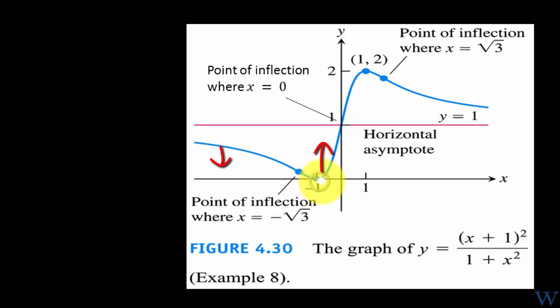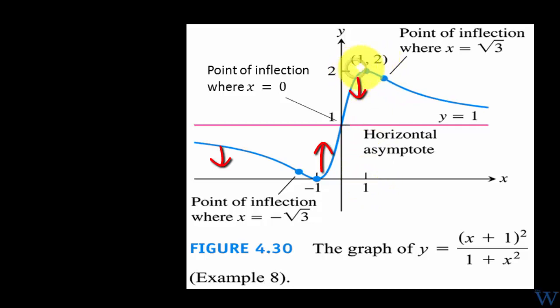And then remember that at negative 1, you have a horizontal line tangent to that curve. That's why you have a local minimum. Because it's concave up, so it holds water. And then from 0 up to square root of 3, you have concave down. And then you test it at x equal to 1.